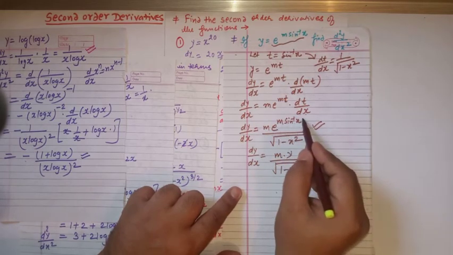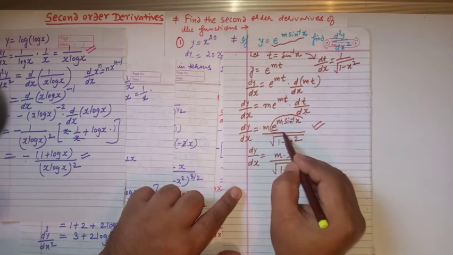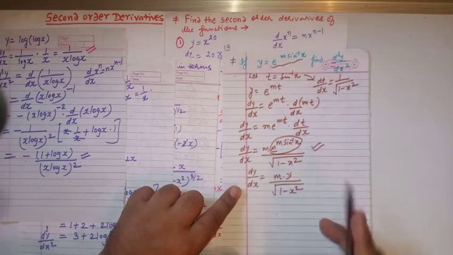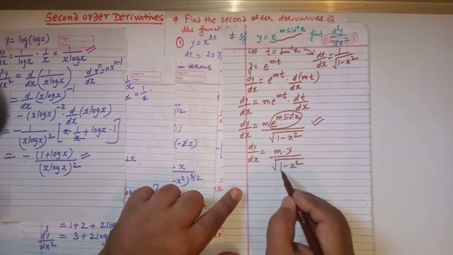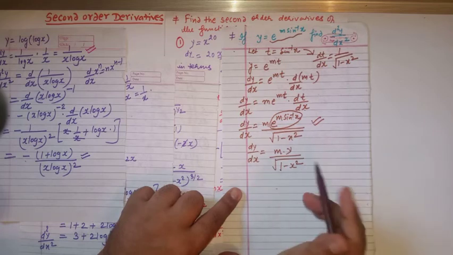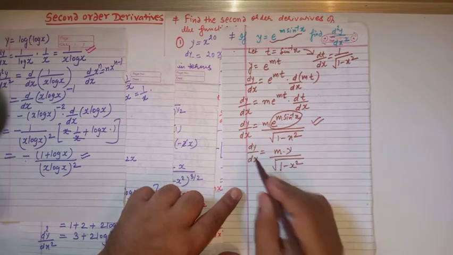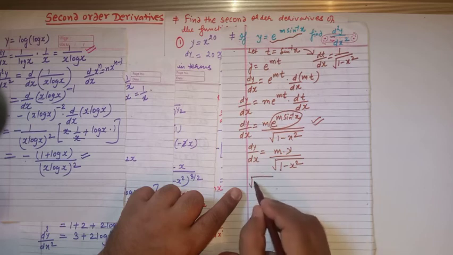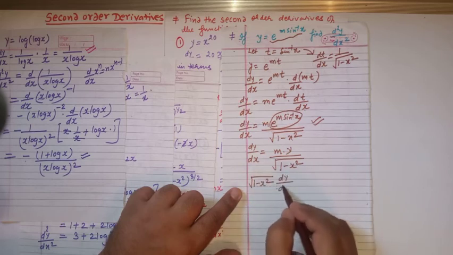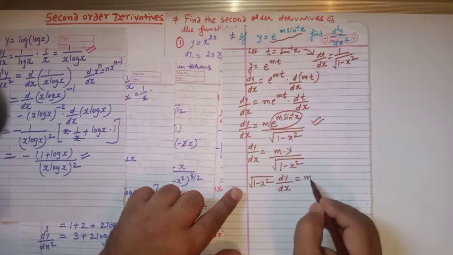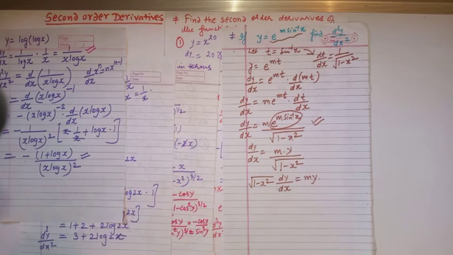Clear? So for this we have substituted y. Now let us take this factor to this side. So we have square root of 1 minus x square times dy over dx is equal to my.